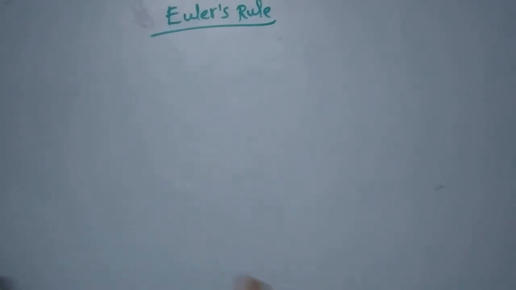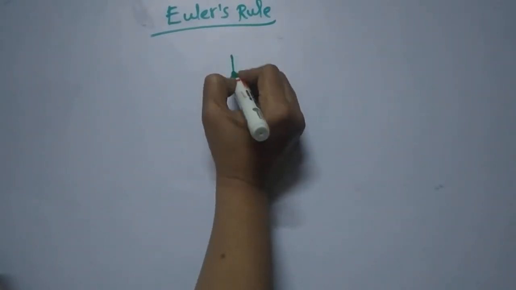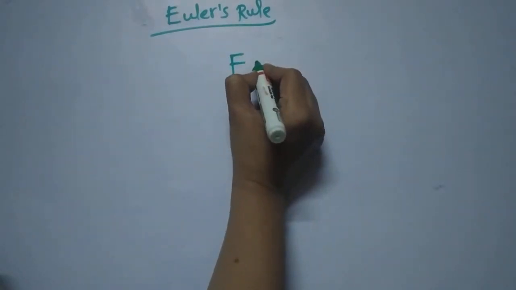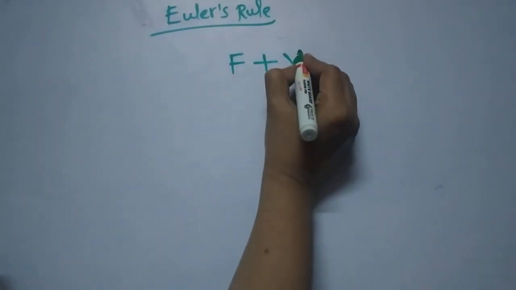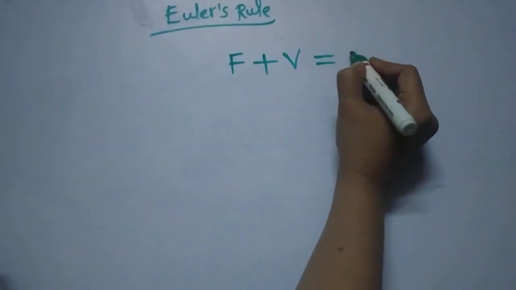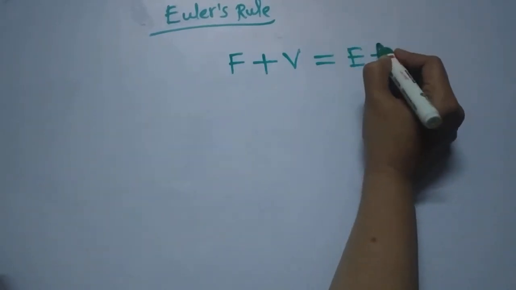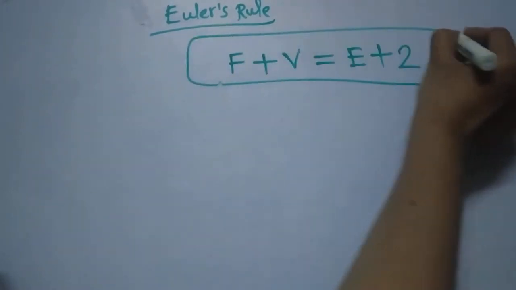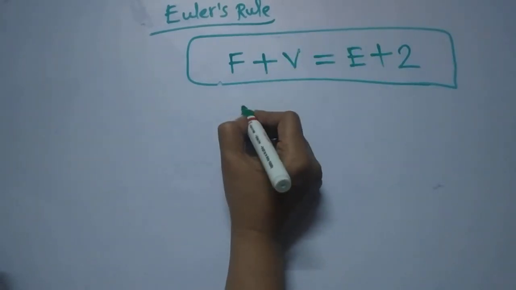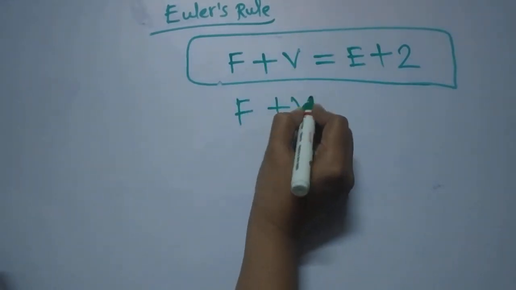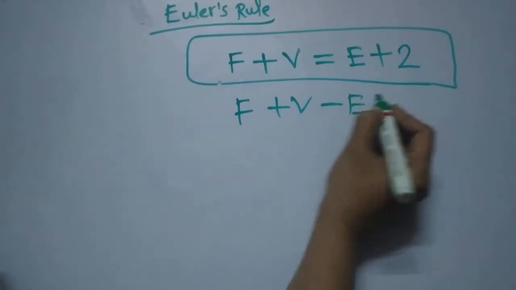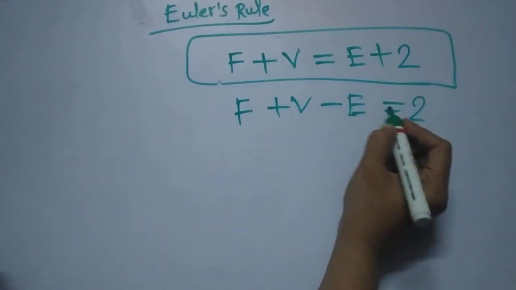What he states is that there is a relation between faces, vertices and edges. If you add faces and vertices, you will get edges plus 2. Or you can say that if you add faces and vertices and subtract the edges from it, you will get the number 2.